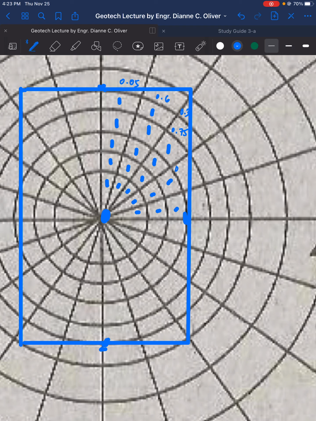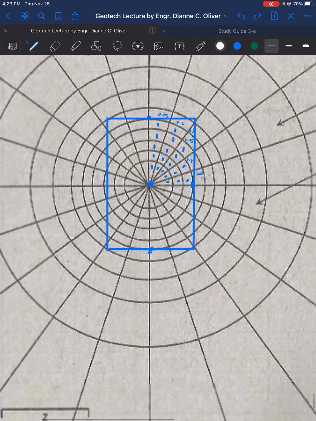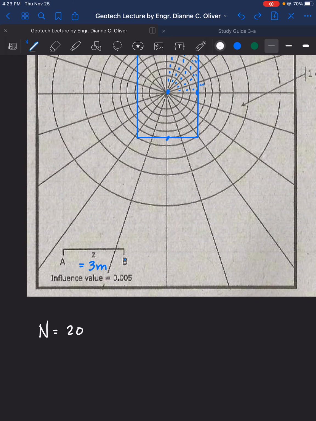Say that is 0.7. How about here? There's a smaller one here. See, that is also 0.05. This one here. Right? And then we will put it in here.